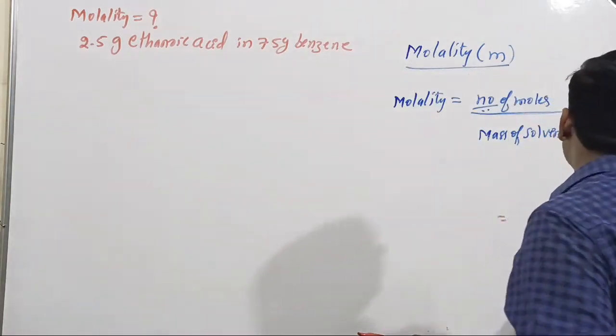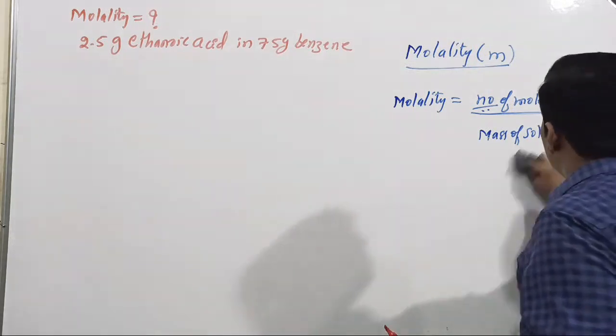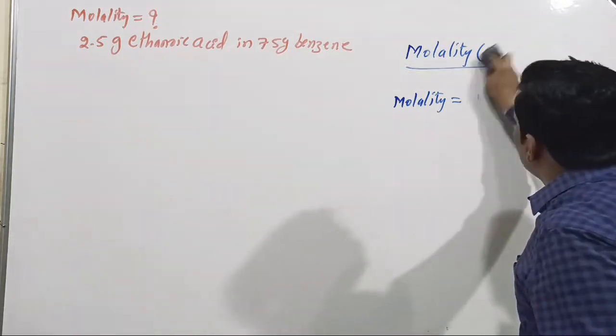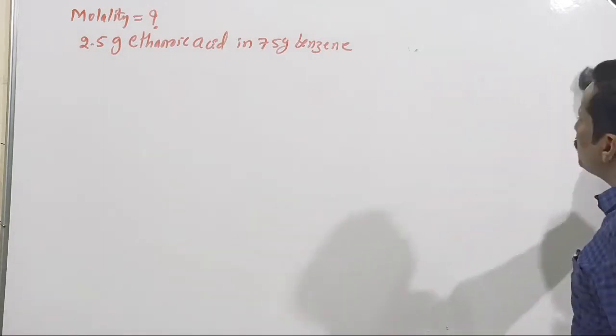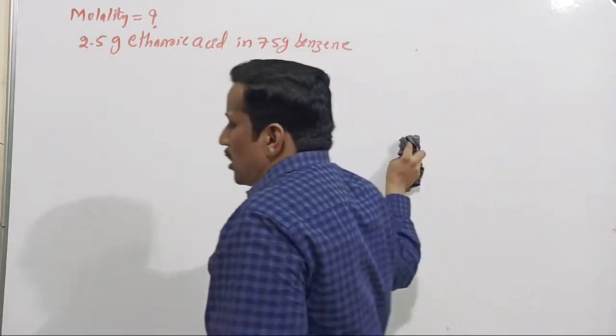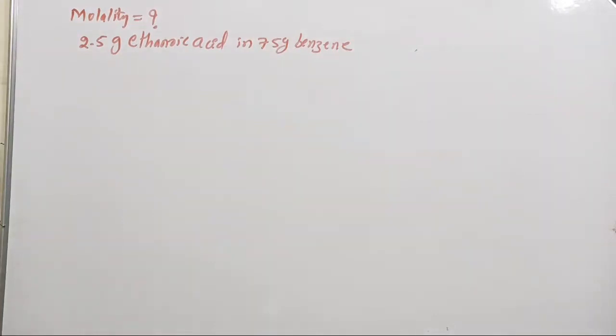First, the ethanoic acid formula is CH3COOH. It is the molecular formula of acetic acid.